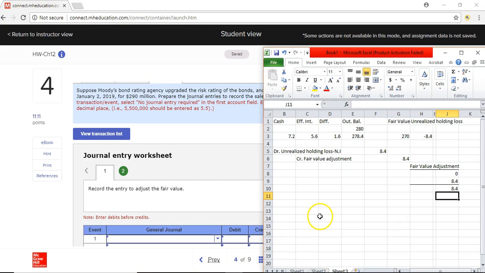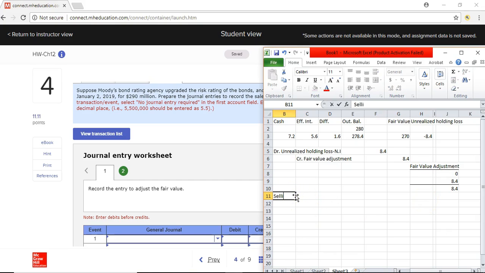Okay. So we need to change this fair value account again. Well, how much should we change? We compare to the value before we made the adjustment of fair value.